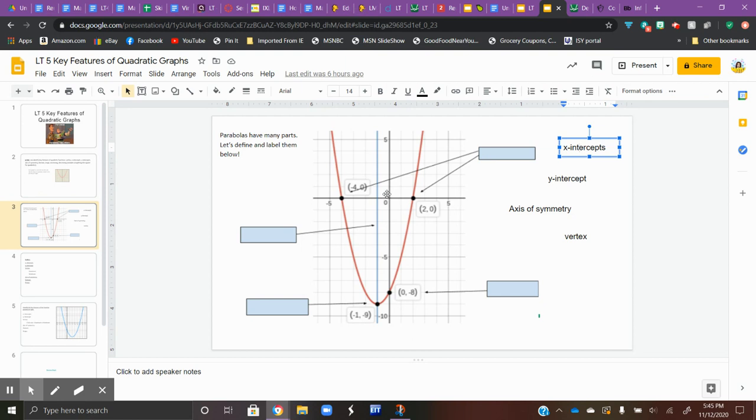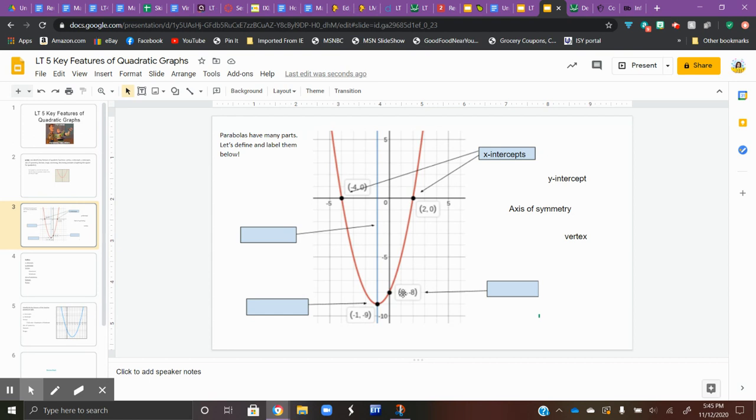That exactly corresponds to the number of times your graph crosses the x-axis. If the number underneath the square root was positive, we had 2 real answers. If it was 0, we had 1 real answer. And if it was negative, we had no real answers. That completely corresponds to how many times your graph crosses this x-axis. Those are our x-intercepts.